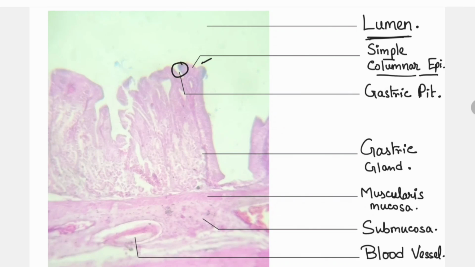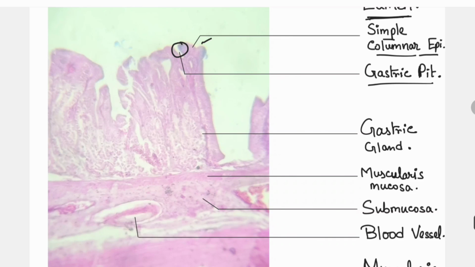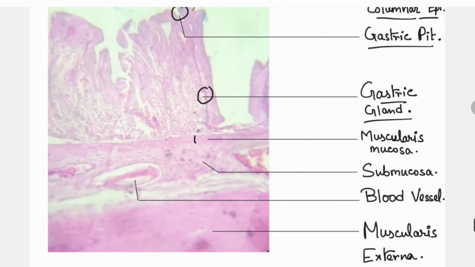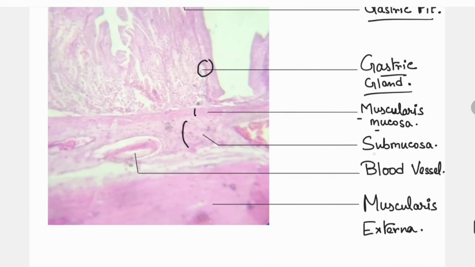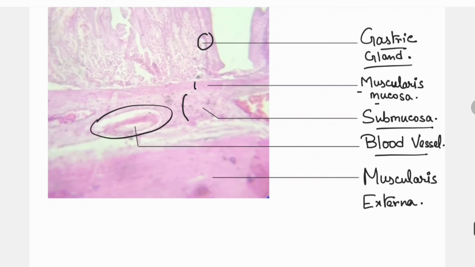After that, this part is the gastric pit. The gastric pit is in the superficial part, and if we go deep, this region is the gastric gland. After that, this layer is the muscularis mucosa, then the submucosa layer. Then we can see a blood vessel here, and below that is the muscularis externa layer.